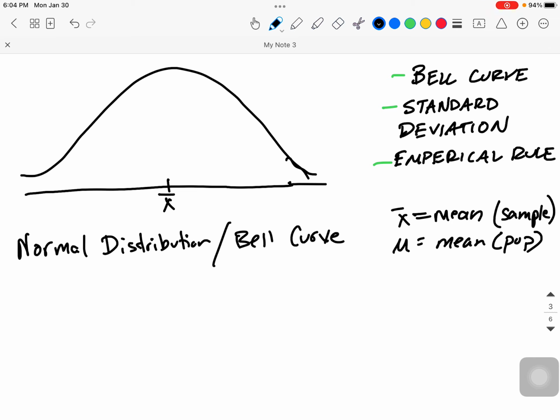And then the numbers that are going to come off this, if you're labeling things, is where the standard deviation piece is going to come in. Standard deviation is a little trickier, but in general you can think about the standard deviation as a measure of spread.